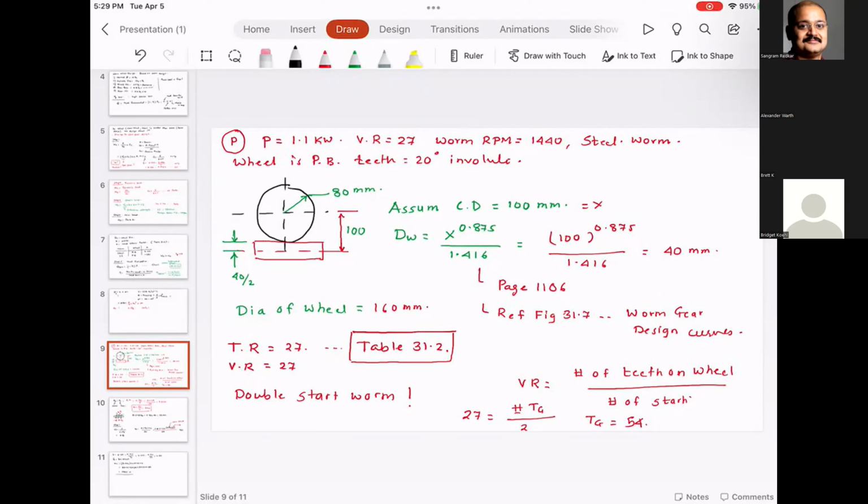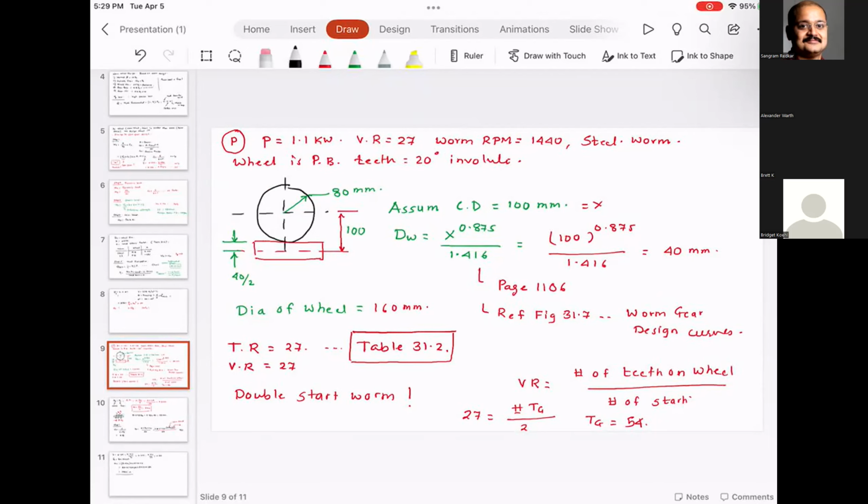Now, what we want to check is this. For the module that we have found out, for the material that we have selected, what is the power transmission capacity of this worm and worm wheel? And if the power transmission capacity exceeds the power that we need to transmit, then the design is safe.